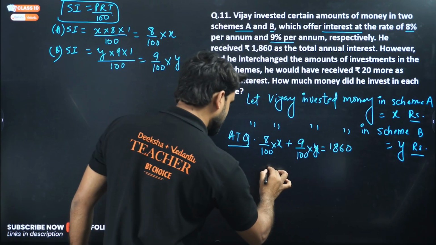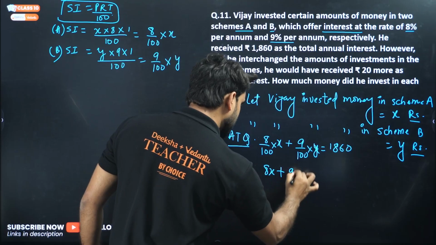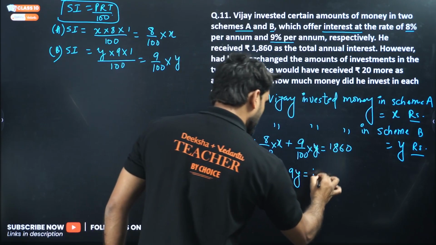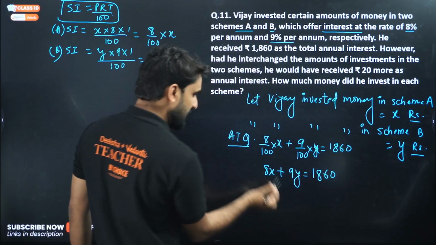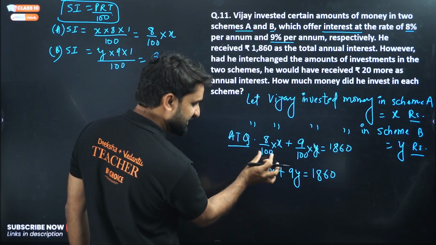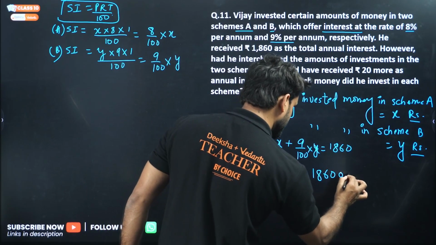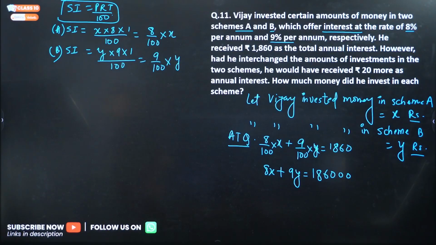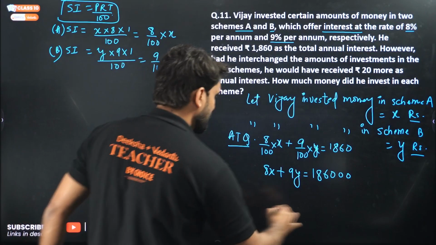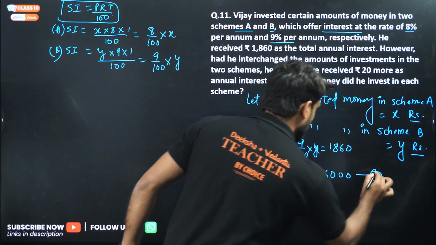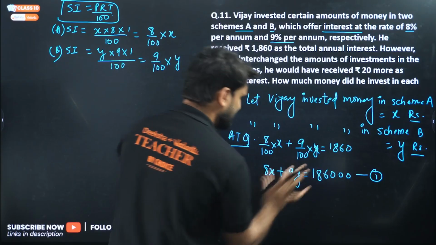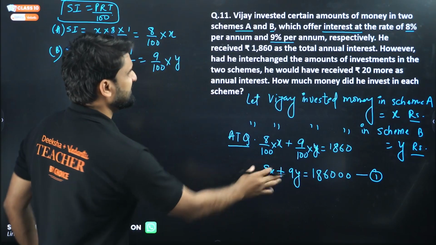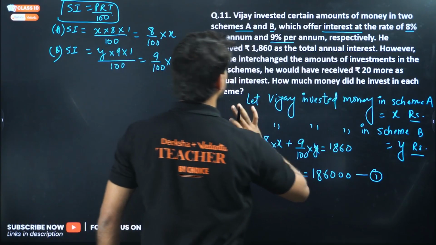Can we solve this? This will be 8x plus 9y, which will be equal to 1860, and this 100, on taking LCM, will be shifted this side, so 2 more zeros. So I'm calling this equation 1. Just keep it as it is.